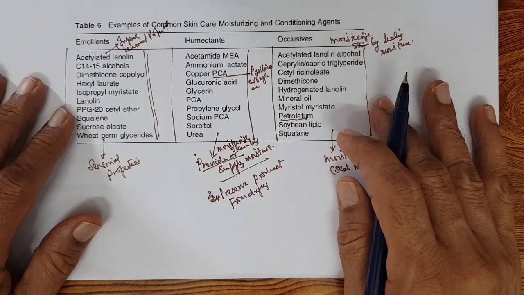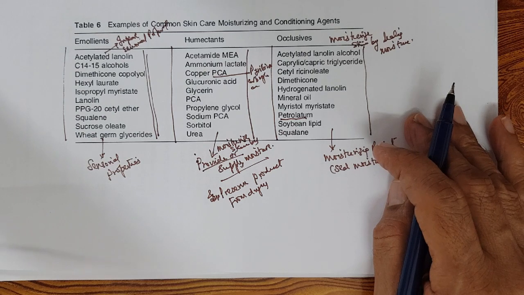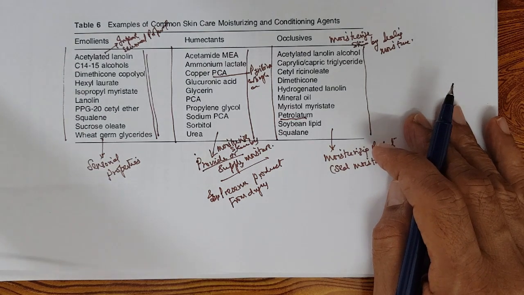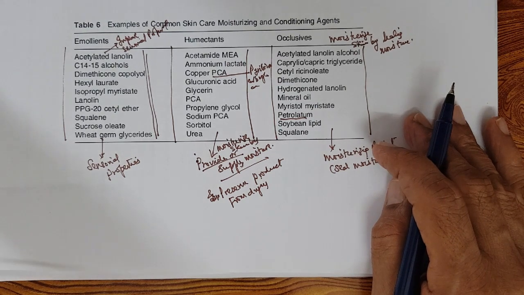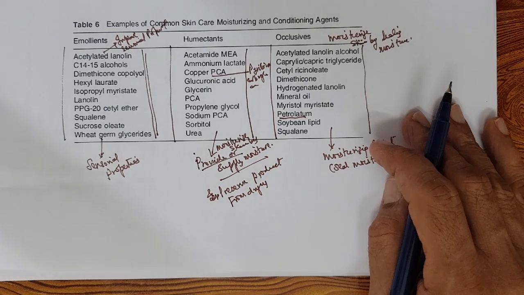These are all examples. There are hundreds and hundreds of emollients, hundreds and hundreds of occlusives. Go to the CTFA directory. In the second part, I explained what CTFA is. So go to the CTFA directory and you can get the entire list of emollients, occlusives and humectants.